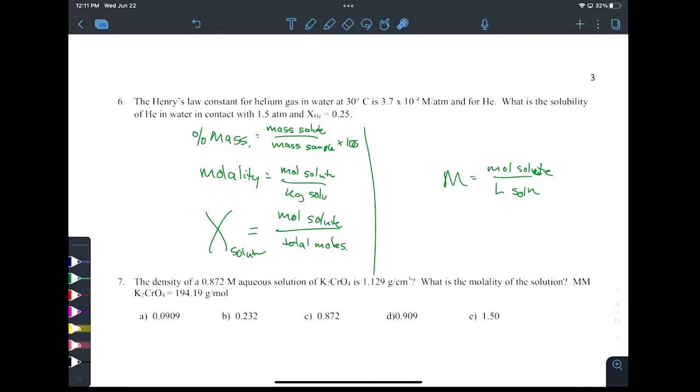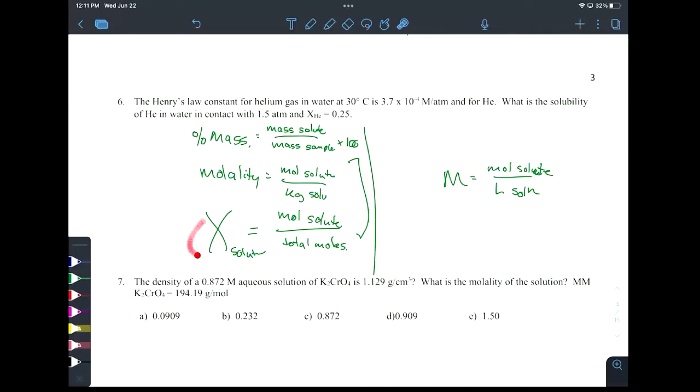Those are all additive. The problem with molarity is that liters of solution is not necessarily liters of solute plus liters of solvent, so it's not additive. You can jump between all of these three concentrations, not necessarily easily, and not need the density of your sample to go from percent mass to molality to mole percent.